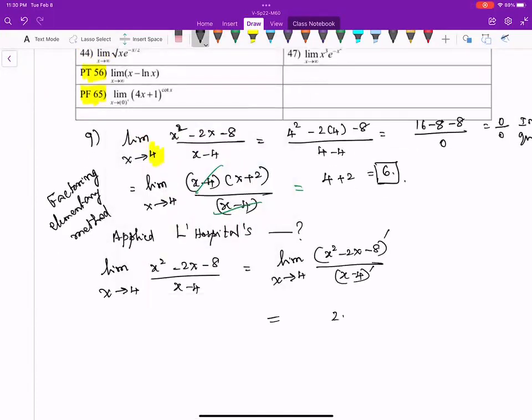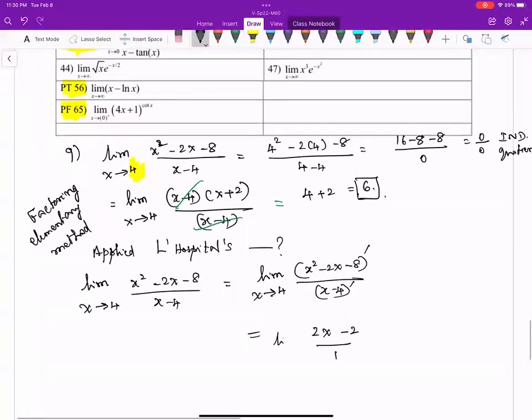So we get 2x minus 2 divided by 1, as x approaches 4. So it is 2 times 4 minus 2, which is 8 minus 2, which is 6 also. So whether you do the problem by elementary method or by L'Hopital method, the answer should turn out to be the same.